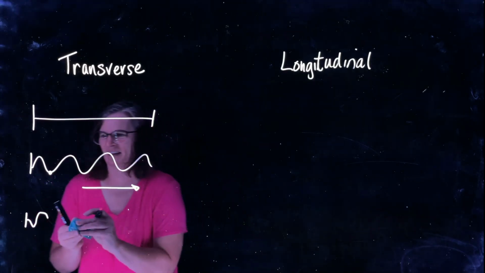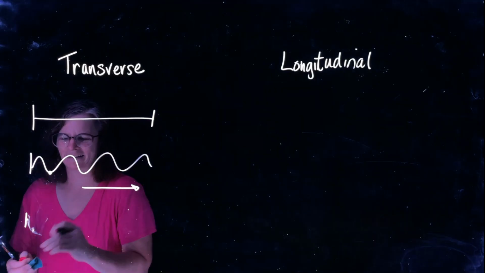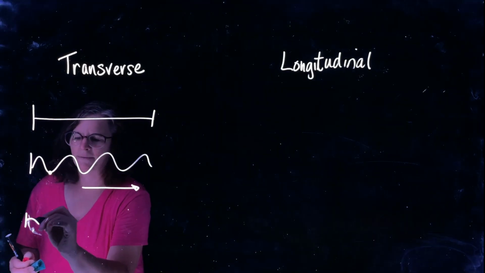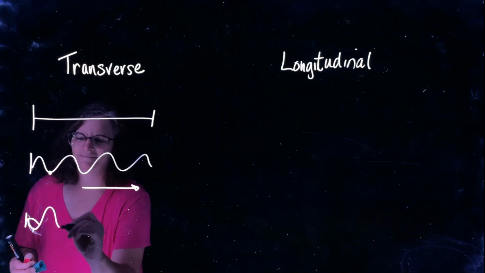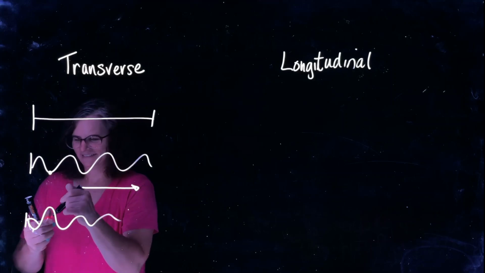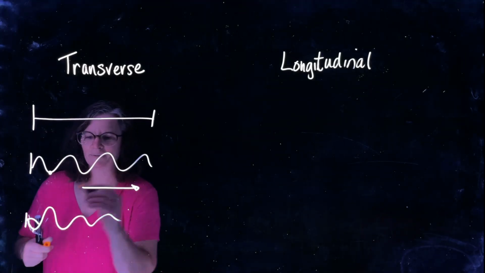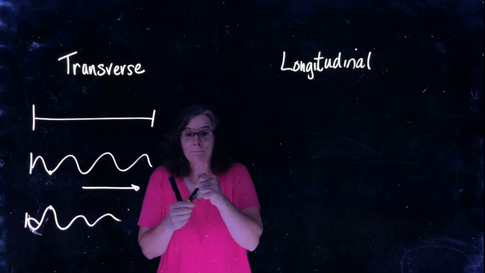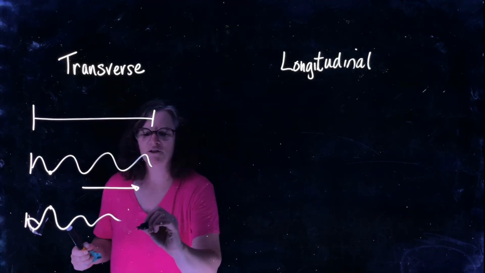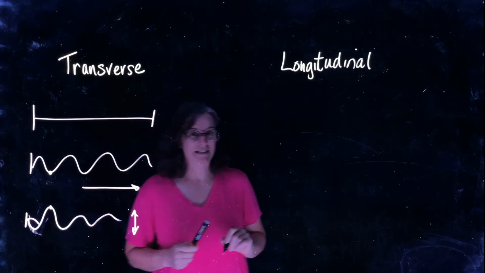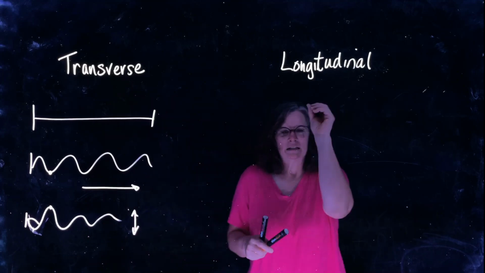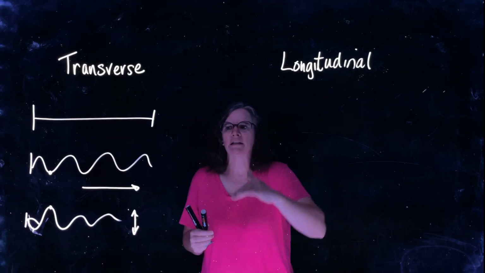let's see how good I am at drawing the opposite. At another point in time, there we go, it's at a peak. So the medium itself is moving up and down. Any location in that medium is moving up and down.